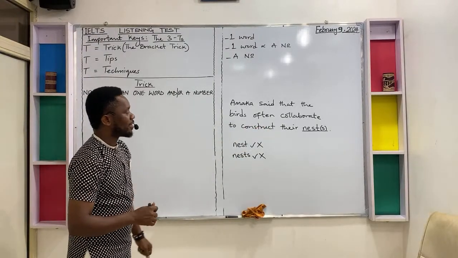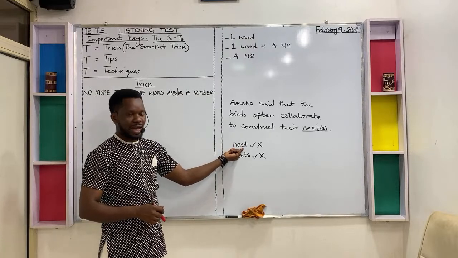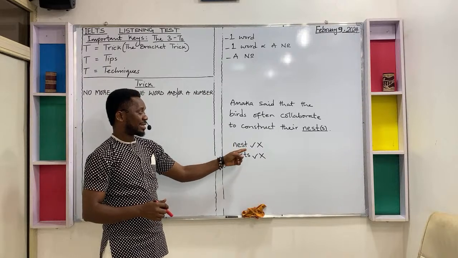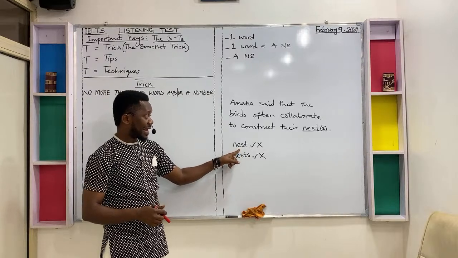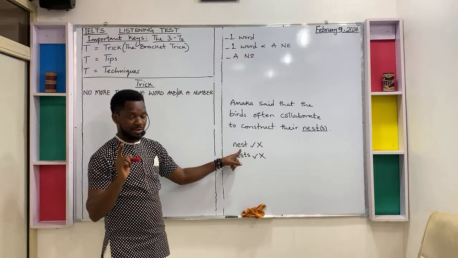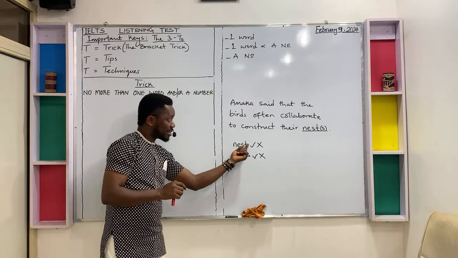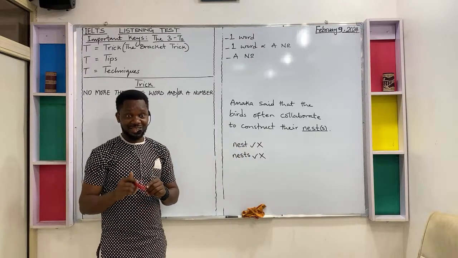Yes, sir. Okay. So, remember, if you write this and the examiner actually has nests, you wrote the wrong thing. If you write nest as your answer, and what the examiner has as the correct answer is nests, this is incorrect. I hope you're aware. There's nothing like it's just S that is missing.